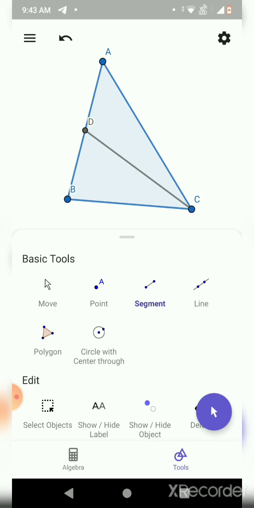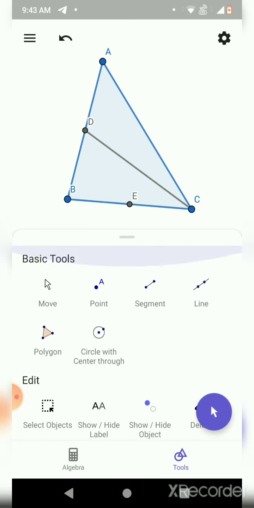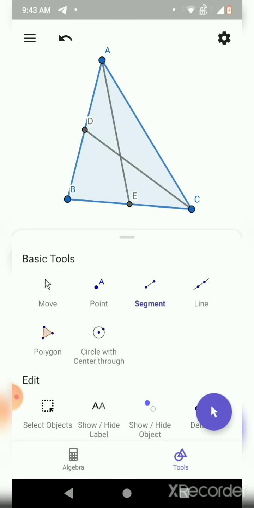Okay, then I will now draw the median of side BC. So first I'll find the midpoint of BC, that is E, and now I'll join this midpoint E with the opposite vertex, that is A. So I have got median AE.